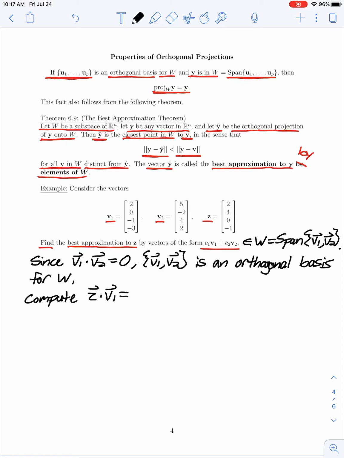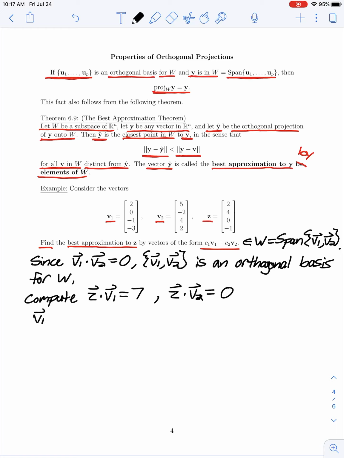The dot product of z with v1 is 4 plus 0 plus 0 plus 3, so 7, and the dot product of z with v2 would be 10 minus 8, so that's 2, and then minus 2 gives us 0.